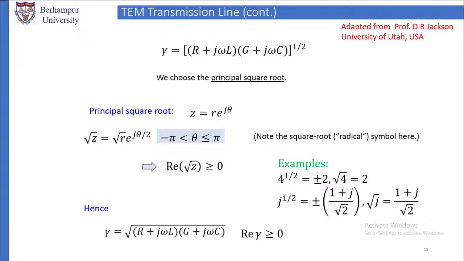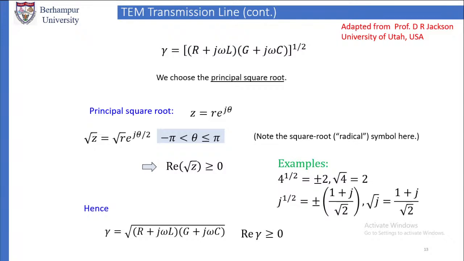This equation, square root z is equal to square root r exponential j theta by 2 with theta between minus pi to pi, shows that the real part of the square root z is always greater than or equal to 0, because r is a real number.